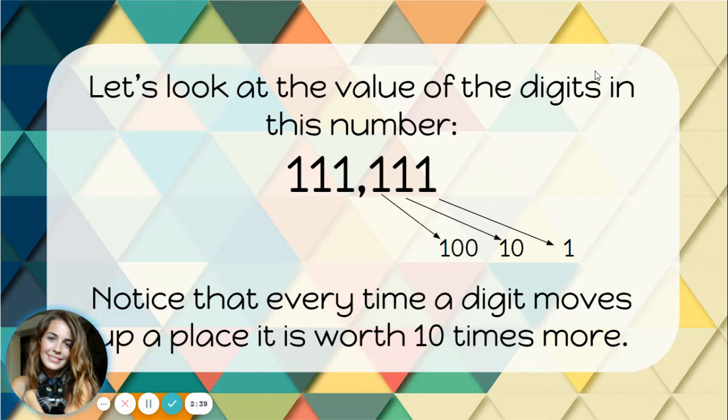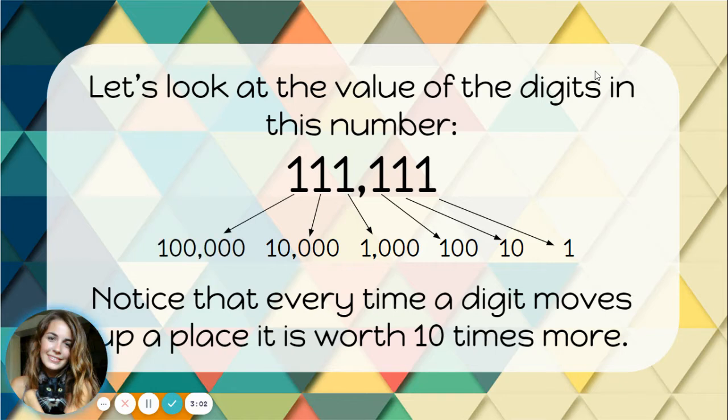The 1 in the hundreds place is worth 100, and 100 is 10 times more than 10. The 1 in the thousands place is worth 1,000, and that's 10 times more than 100. The 1 in the 10,000s place is worth 10,000, which is 10 times more than 1,000.